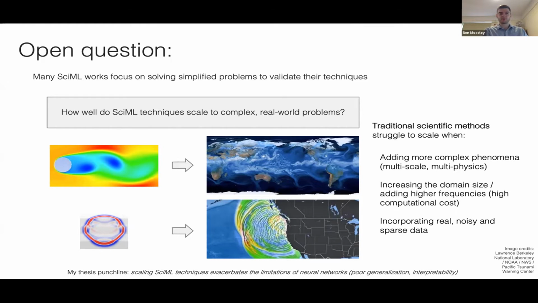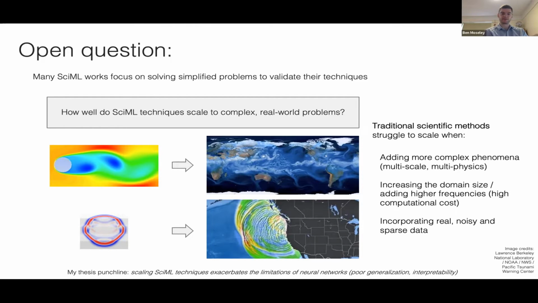So my thesis looked into this, and what I did is I took SciML techniques and tested them on real world problems, or problems that were closer to real world problems than toy problems. And the main punchline was that even though the thesis of SciML is that incorporating scientific principles into machine learning improves interpretability and generalization and reduces the training data, when you scale that to a real world problem, scaling does the reverse.